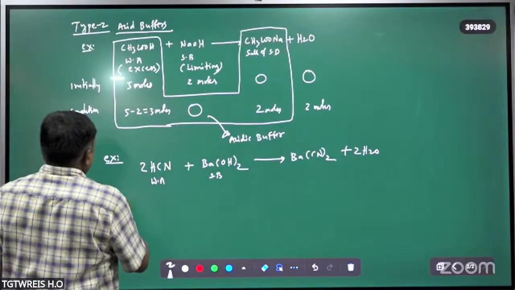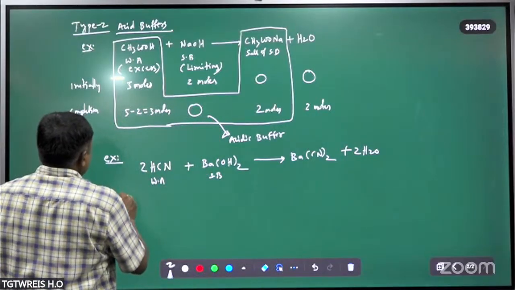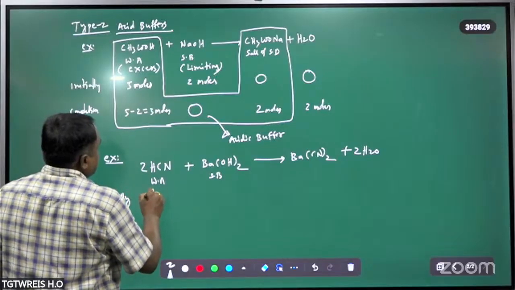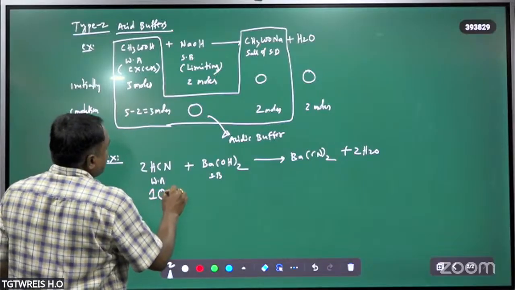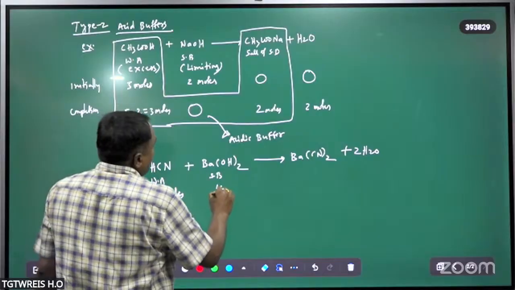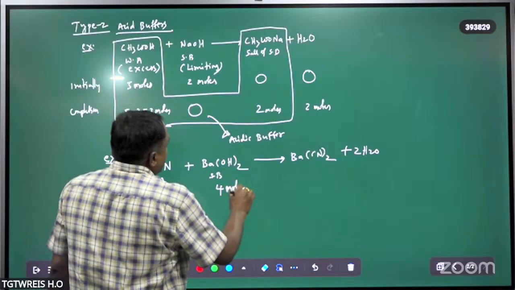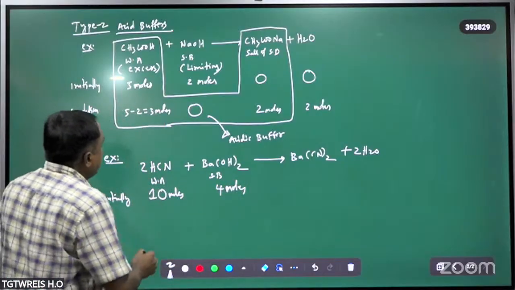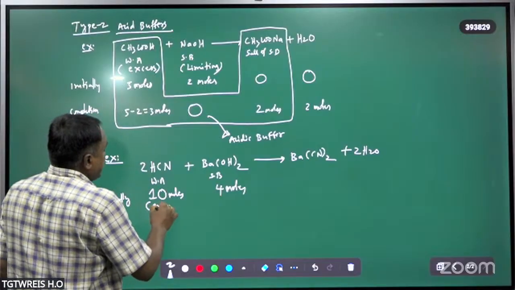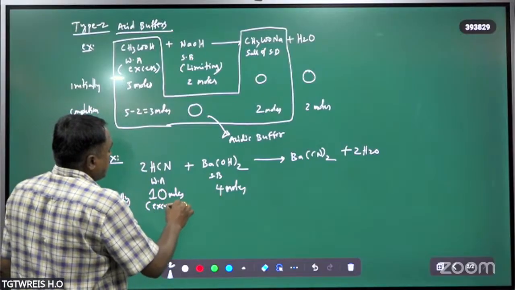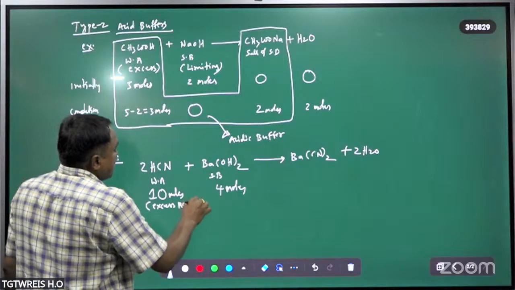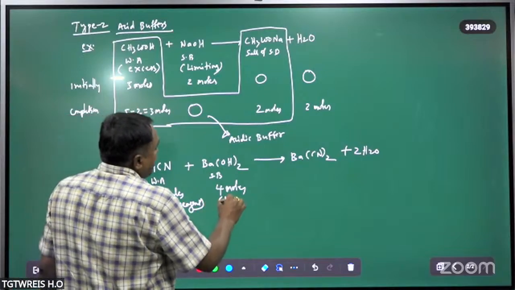Here we are adding HCN to barium hydroxide, giving barium cyanide plus 2 moles of water. So initially, suppose you take this as 10 moles, this as 10 moles, and this as 4 moles. So you must take this one in excess, this is the excess reagent, and this is the limiting reagent.